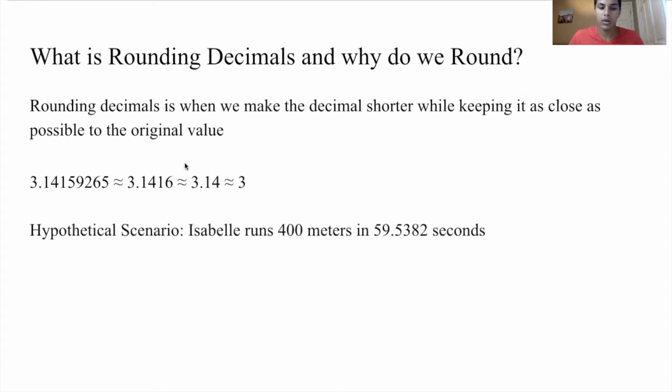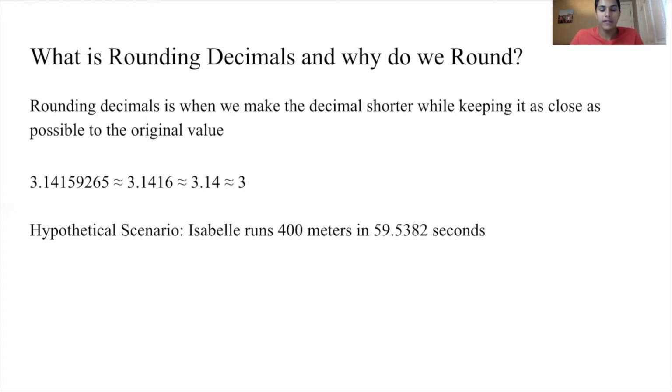Someone named Isabel can run 400 meters in 59.5382 seconds. Now, if someone asked Isabel, how long does it take you to run 400 meters? It would take a long time to list out 59.5382 seconds. And remember, the 8 and the 2 at the end represent thousandths and 10,000ths of a second, an accuracy that she doesn't need to tell people because it's really, really small and nobody can tell that difference.